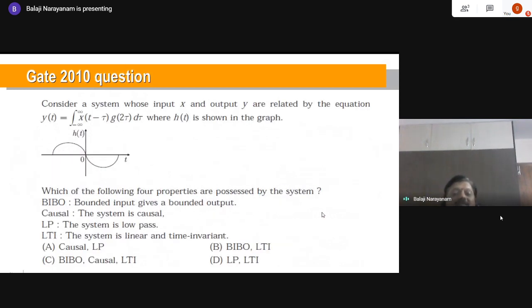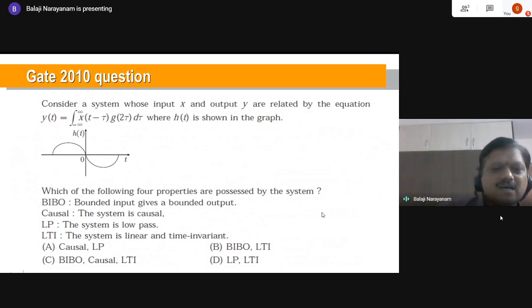Now consider a system whose input x and output y are related by the equation y of t is equal to integral minus infinity to infinity x of t minus tau g of 2t d tau. Now this you can try. Which of the following properties, 4 properties, are possessed by the system?